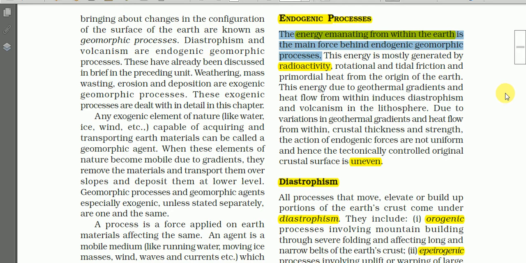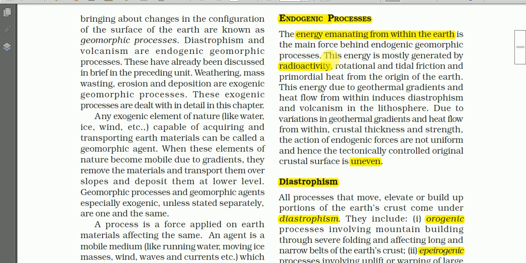The energy emanating from within the crust of the earth is the main force behind endogenic geomorphic processes. For endogenic processes like diastrophism and volcanism, the main force behind them comes from the earth's interior.